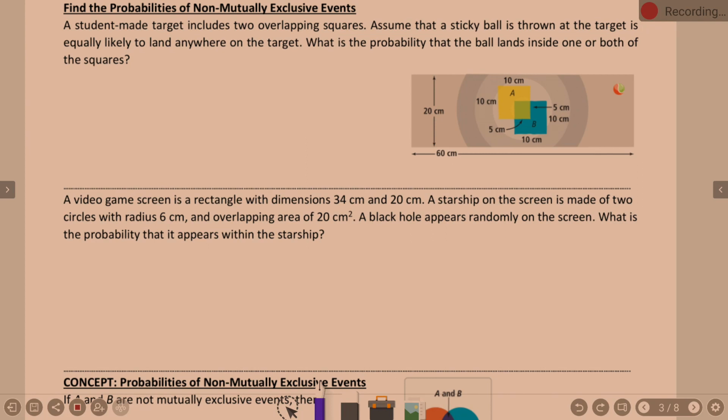Of course, with probability, we sometimes have some word problems. A student-made target includes 2 overlapping squares. Assume that a sticky ball is thrown at the target and is equally likely to land anywhere on the target. What is the probability that the ball lands inside one or both of the squares?